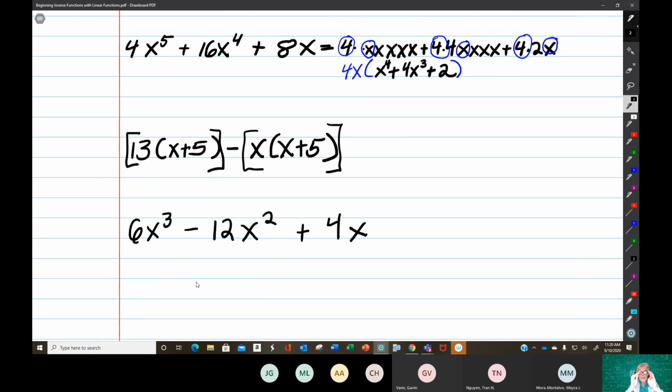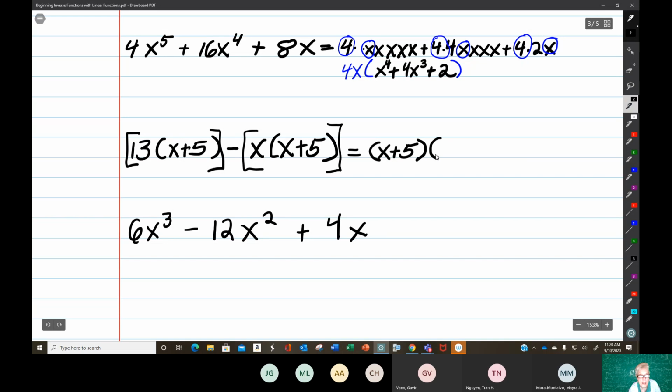They actually have a parentheses x plus 5 in common. What do they both have at the same time? That's what in common means. Well, they both have a parentheses x plus 5 at the same time. So I pull out the x plus 5. That is the greatest common factor.